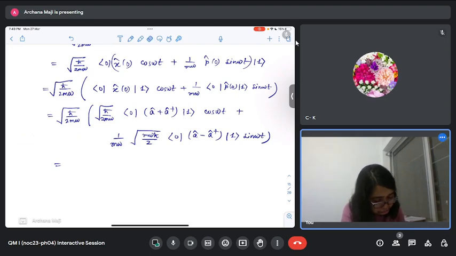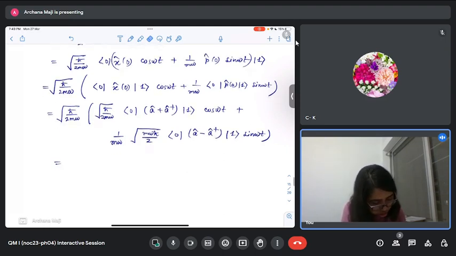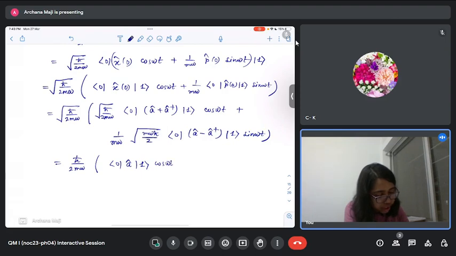So basically you will get h cross over 2m omega <0|a|1> cos omega t.